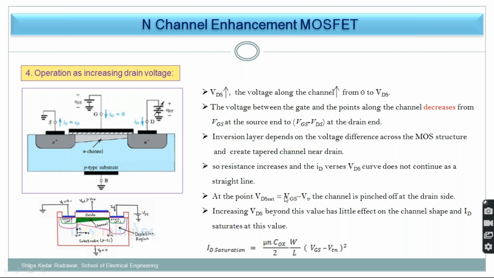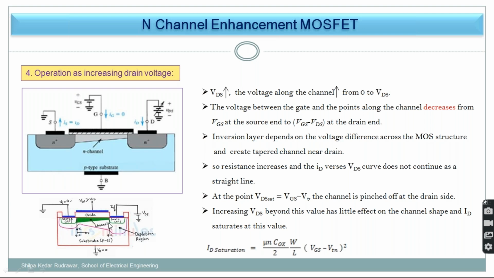Always remember, VDS saturation voltage is VGS minus VT. So what will happen? This PN junction will become more and more reverse biased, and the depletion region is more towards the drain than the source.